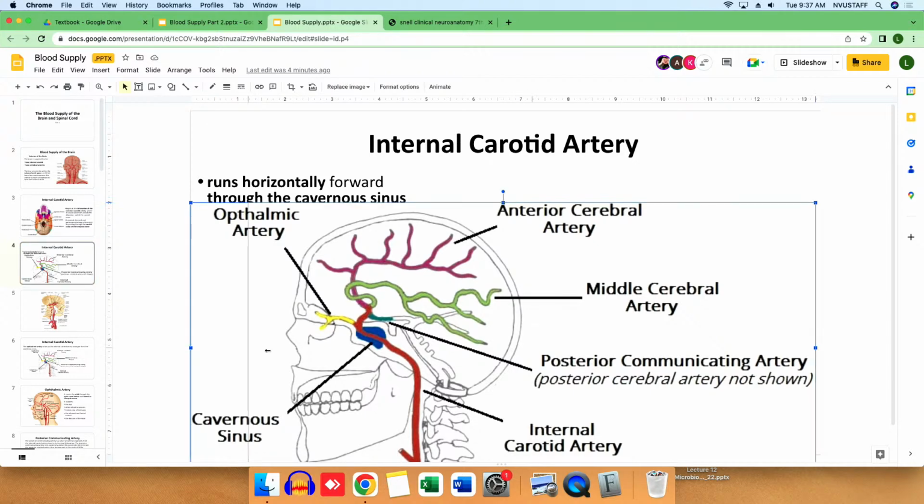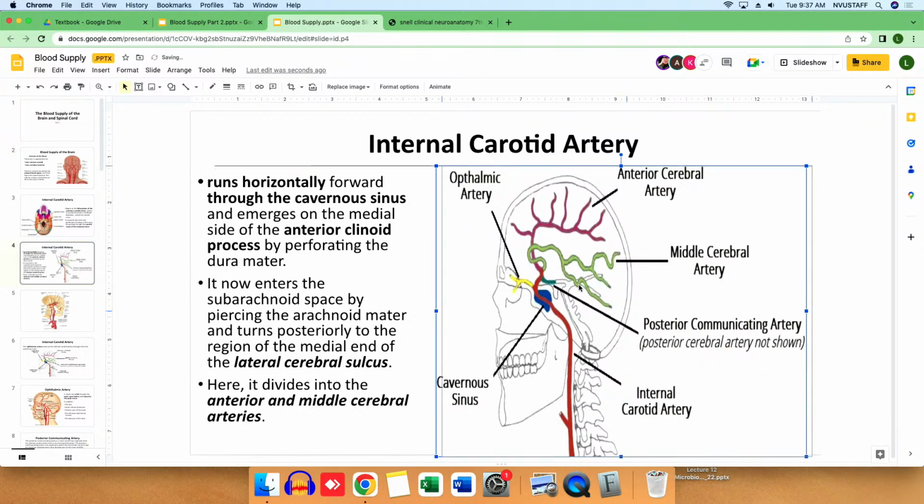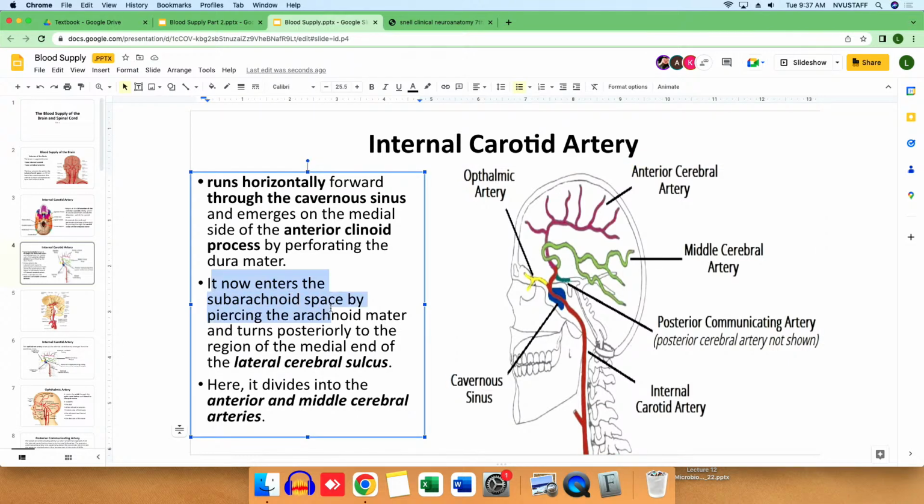I will make it a bit smaller. Here we have some important ideas, as you can see, which we need to know. I just took out some parts from Snell. The most interesting thing we can find here is that when the internal carotid enters the subarachnoid space, which I told you about, it should be represented in the subarachnoid space. To be honest, the vertebral artery is the same.